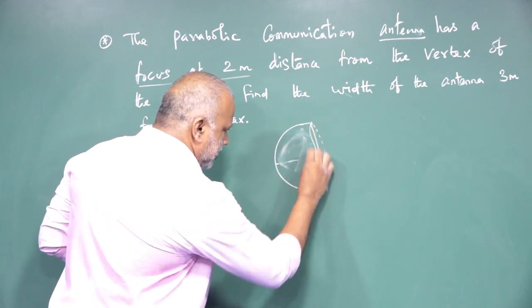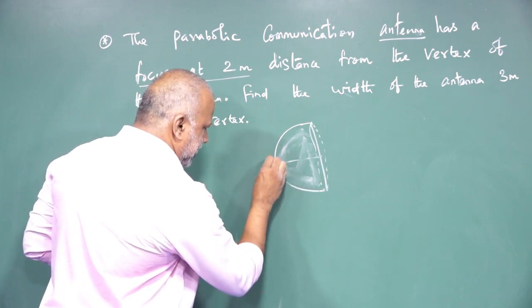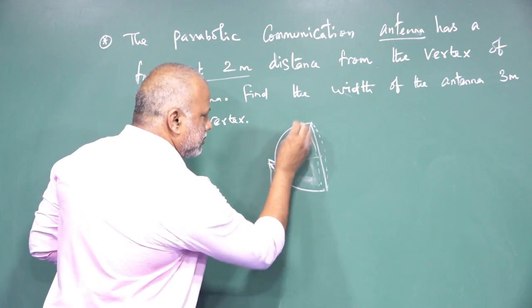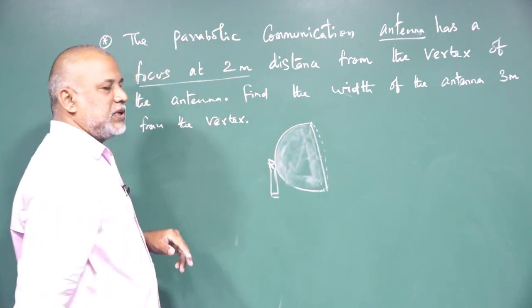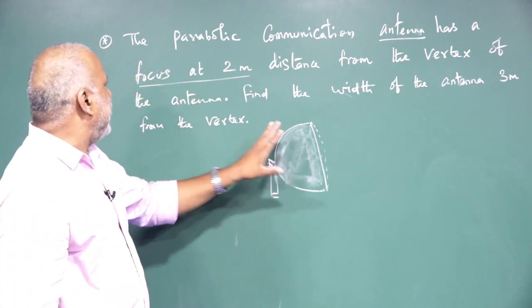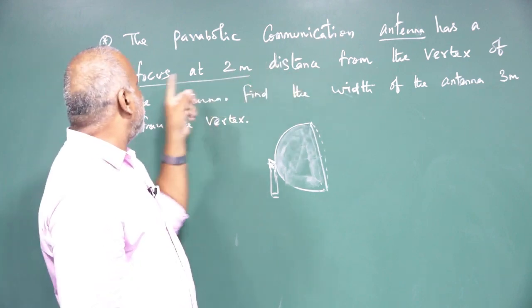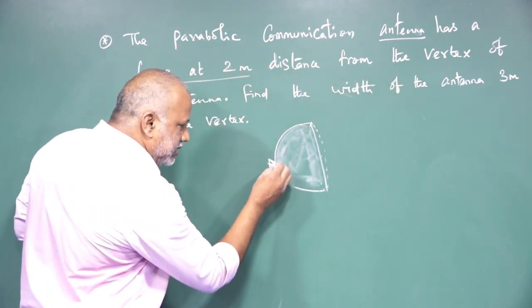Consider this to be an antenna. Your stand is like this. A dish antenna may look like this model. This antenna has a focus at a 2 meter distance from the vertex. This must be the vertex.